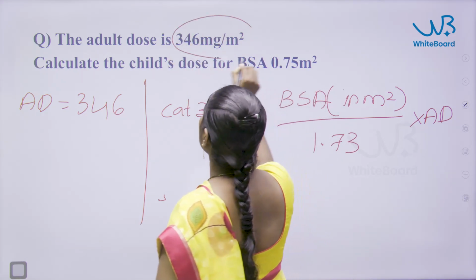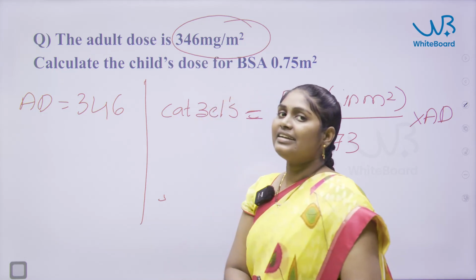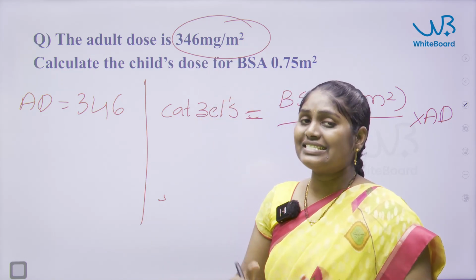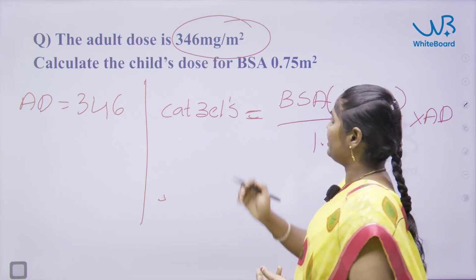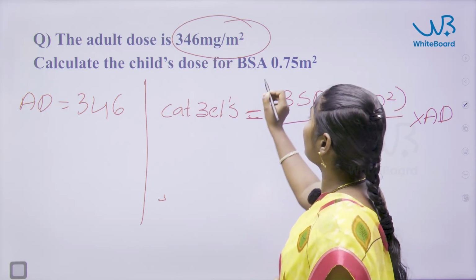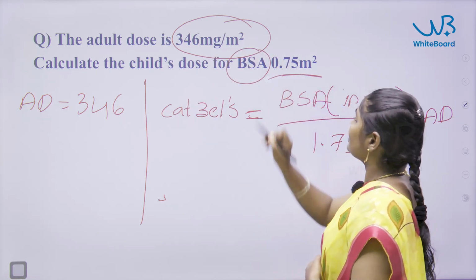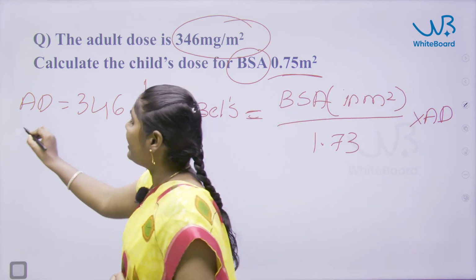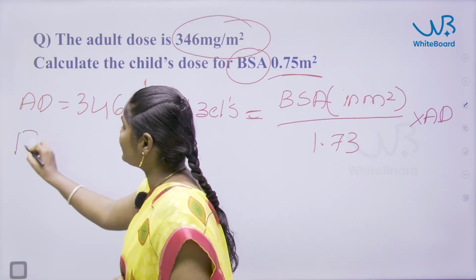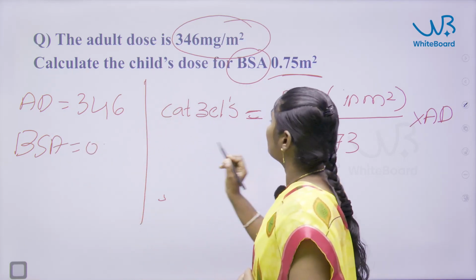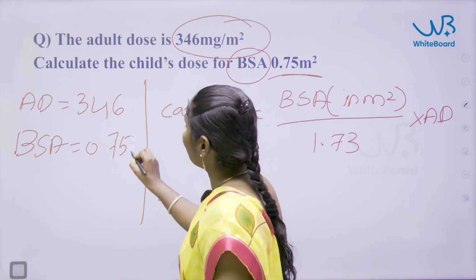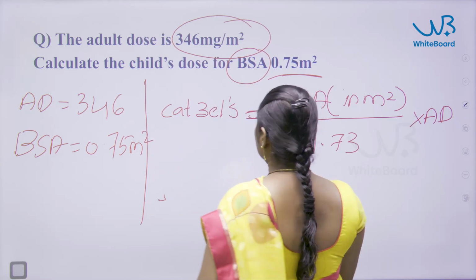When you see this meter square, that indicates you should use Katz's formula. Then 346 mg they gave us. And coming to body surface area, how much did they give us? BSA, body surface area, is given as 0.75 meter square.